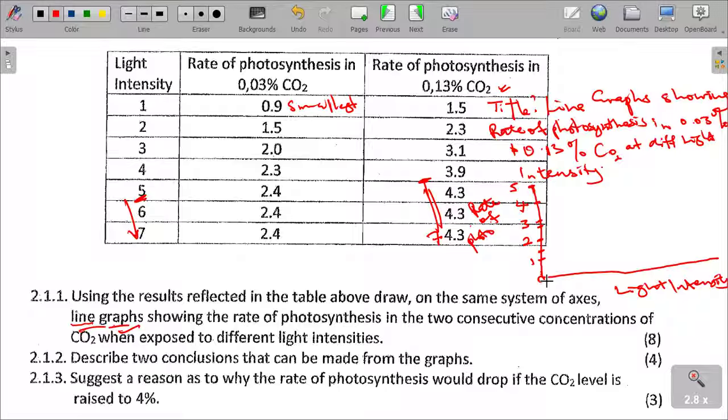So I can start with the first one, 0.03. From a light intensity of 1, what we have at 0.03 was 0.9. So 0.9 is somewhere there.